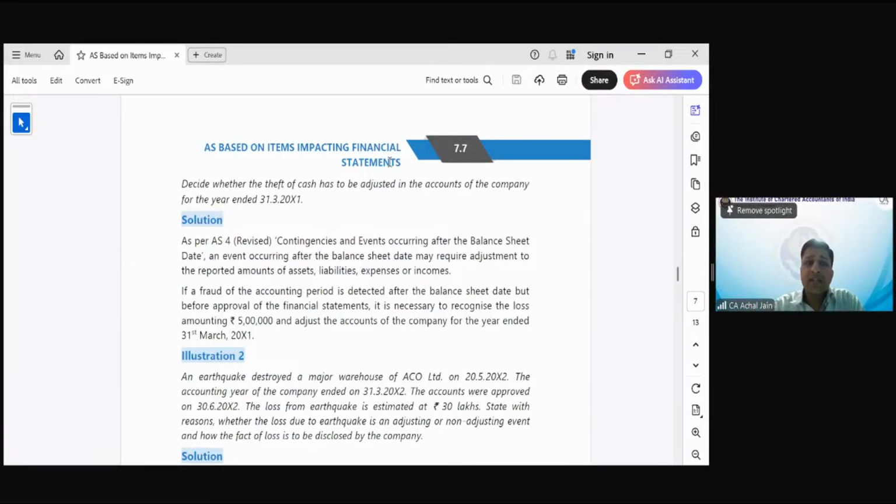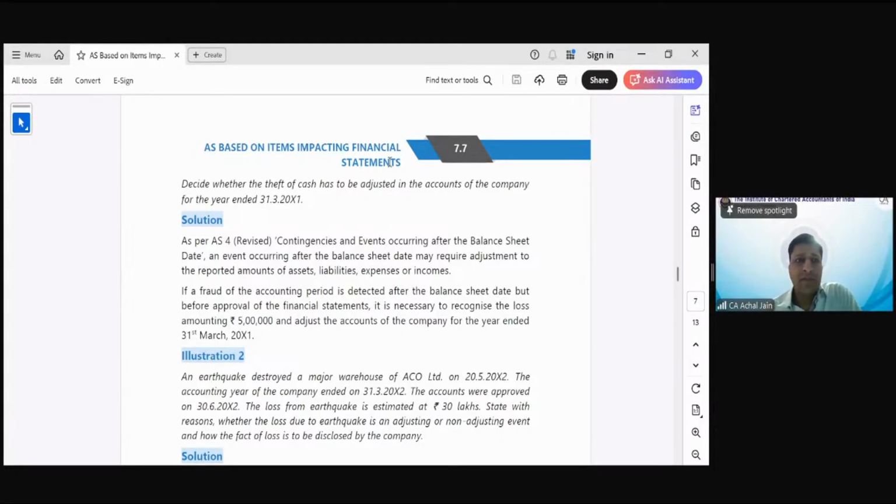Okay, Devu says it's a non-adjusting event as the indicative conditions occur after the balance sheet date and loss needs to be disclosed. See, this disclosure you will do in the director's report.